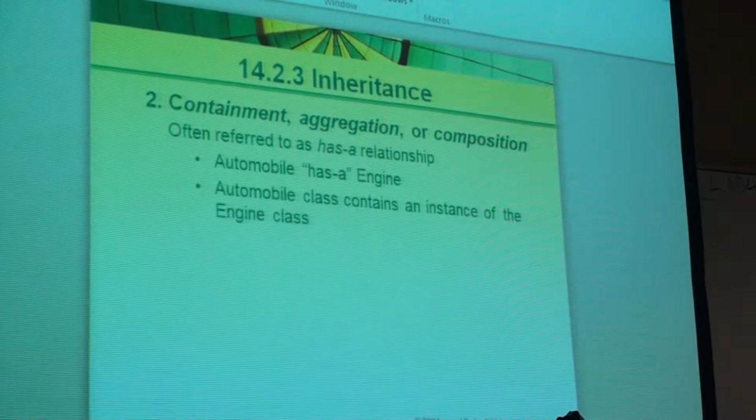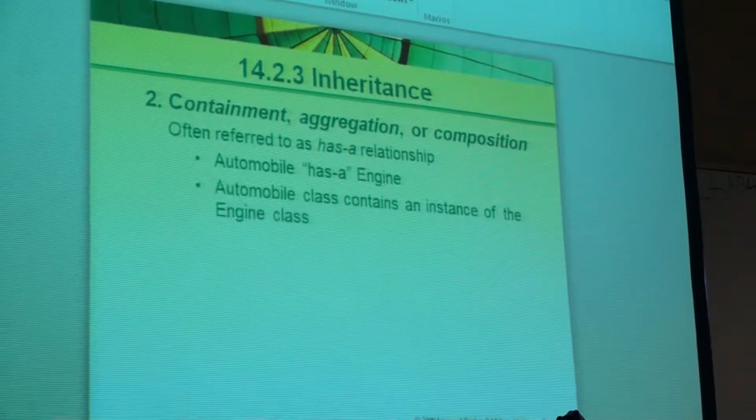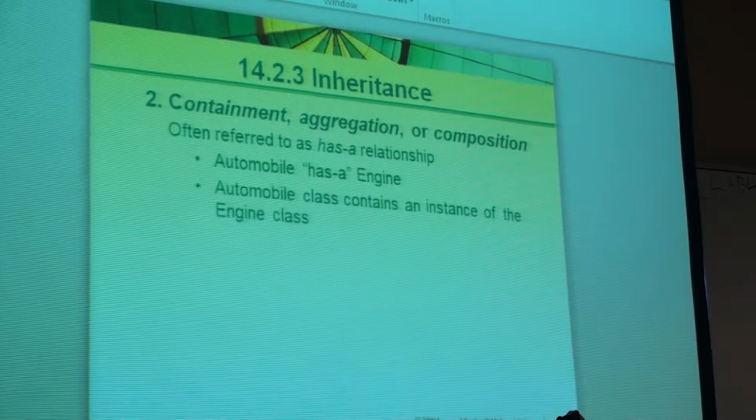On the other hand, another kind of relationship that is also inheritance: containment, aggregation, or composition. All three of those words mean the same thing in this context. And it can be clarified by saying "has a." An automobile has an engine.